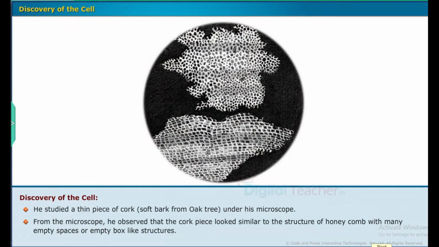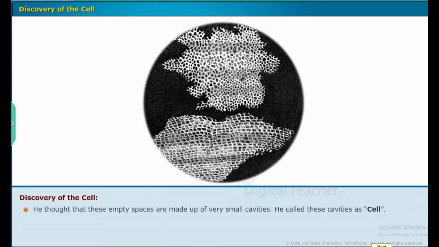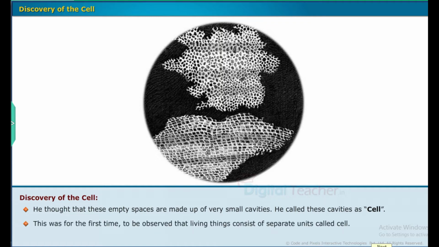From the microscope, he observed that the cork piece looked similar to the structure of honeycomb with many empty spaces or empty box-like structures. He thought that these empty spaces are made up of very small cavities. He called these cavities as cell. This was for the first time to be observed that living things consist of separate units called cell.